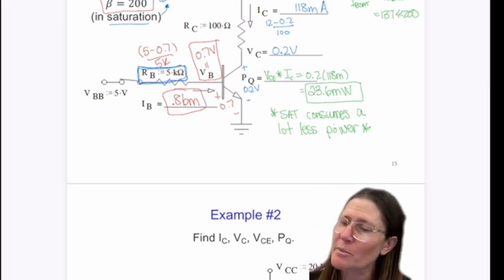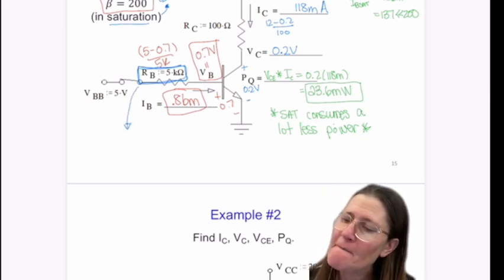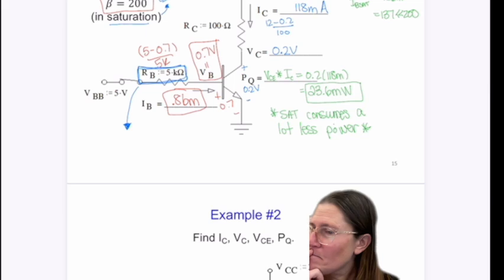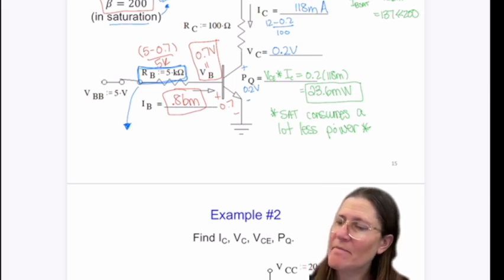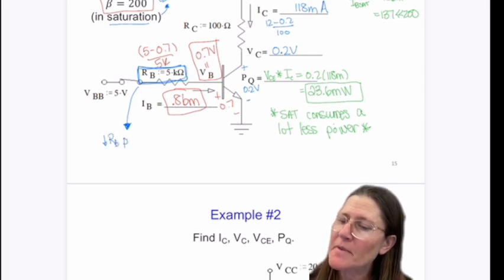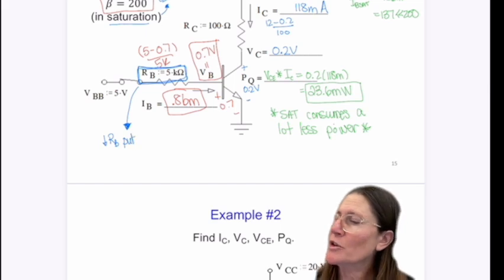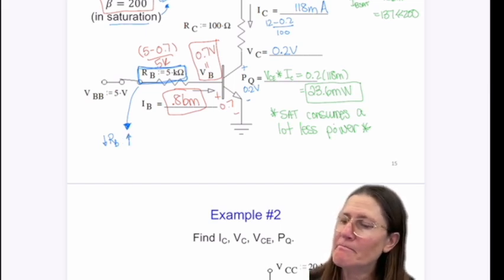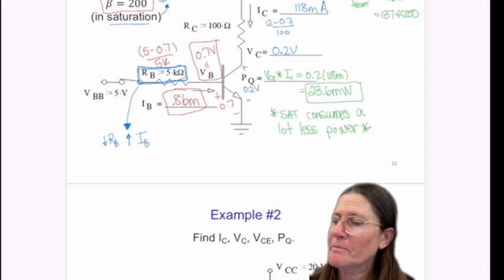Increase or decrease RB? So decreasing RB will increase IB. And if I increase RB, I decrease IB.